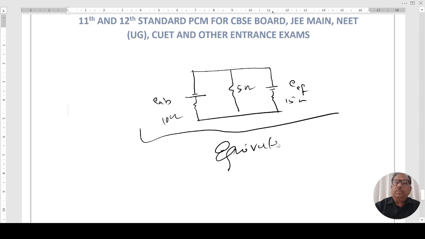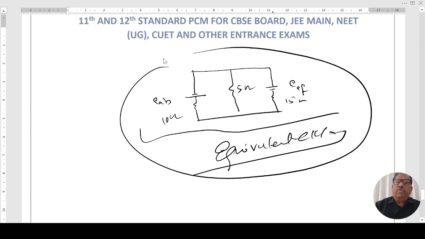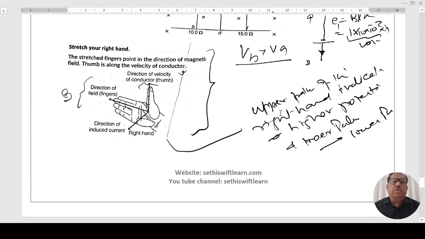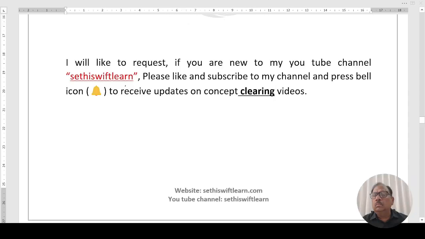This is the equivalent circuit of the given figure according to the requirement of the question. So one rule is Fleming's right hand rule. With the right hand, the fingers point towards B and the thumb points towards the direction of the conductor. The upper end of the palm represents higher potential, the lower end of the palm represents lower potential, right?